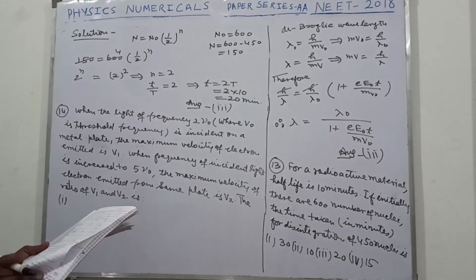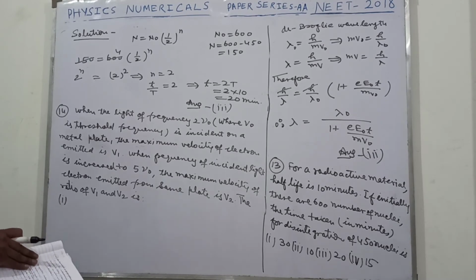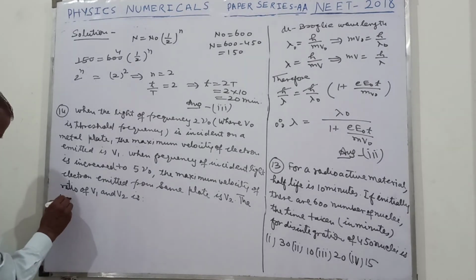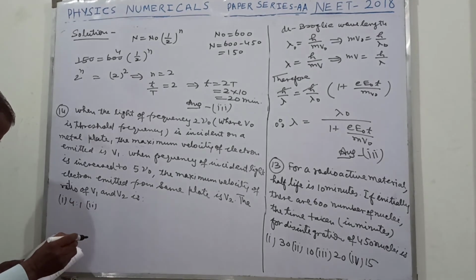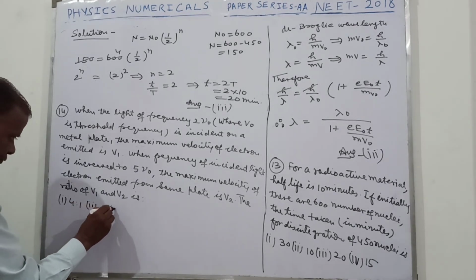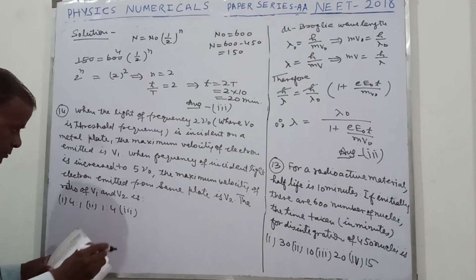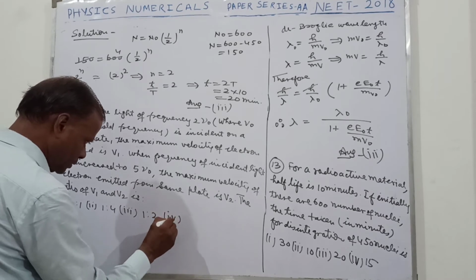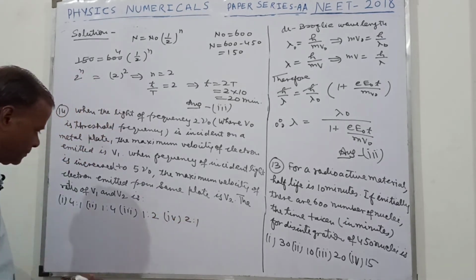now your options are: first 4:1, second 1:4, third 1:2, and fourth 2:1.